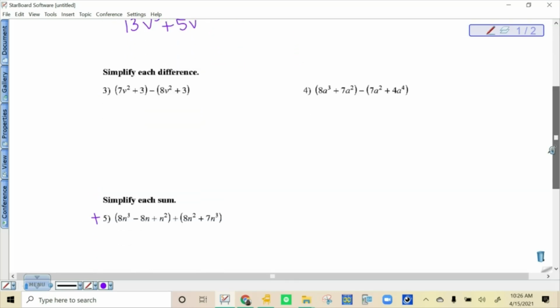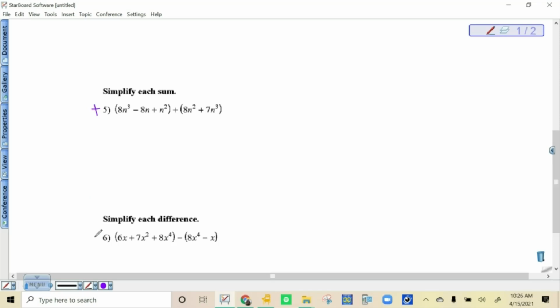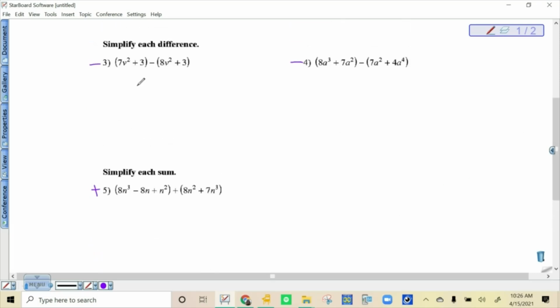Which ones? 4 and 6. Exactly. We're going to go over number 3. So my first step is to distribute the minus sign to every term in that second polynomial.